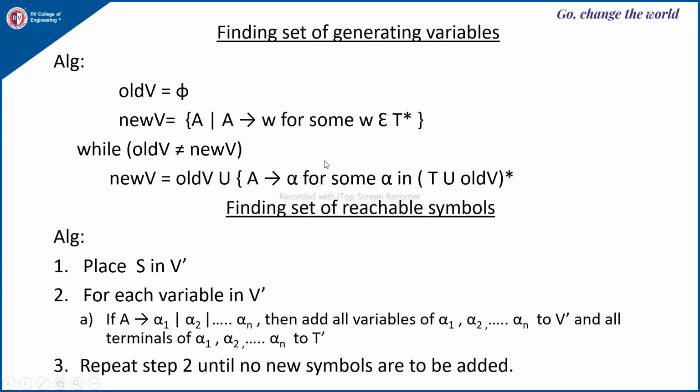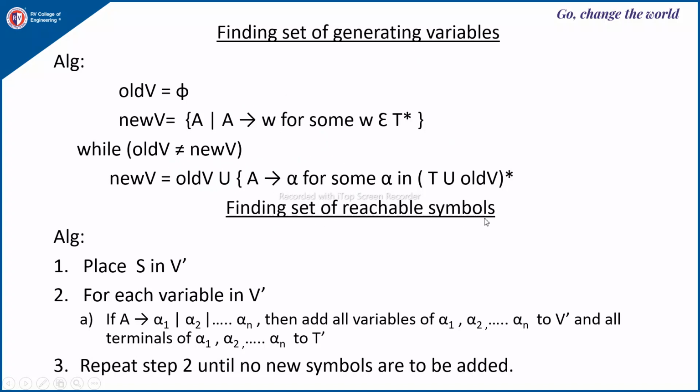You follow this until the old variable becomes equal to the new variable, which means there are no new variables to be added. At that point we stop. This is how we can find the generating variables.